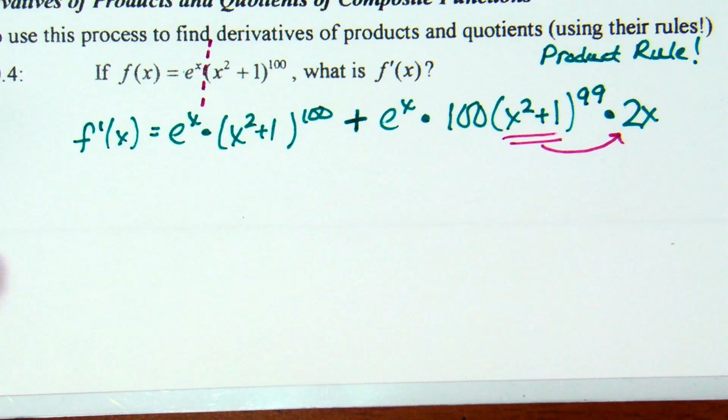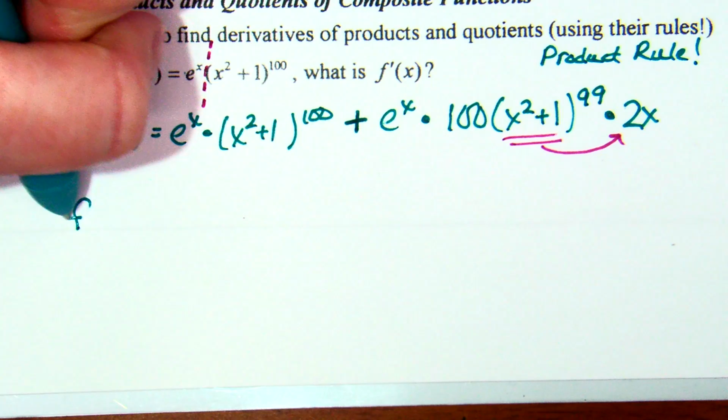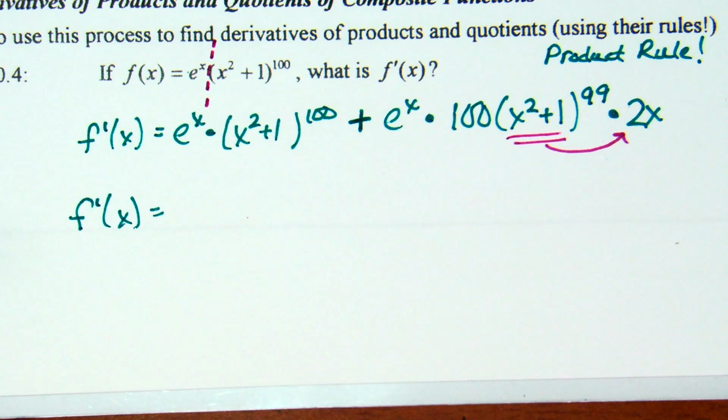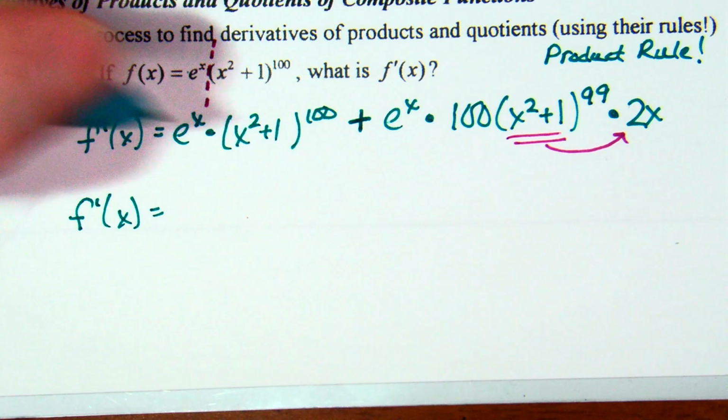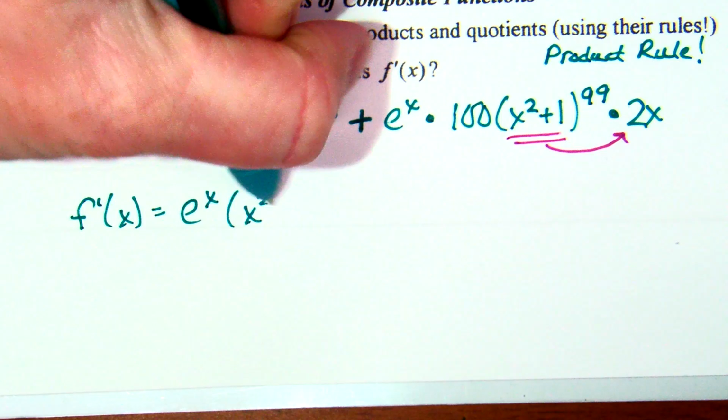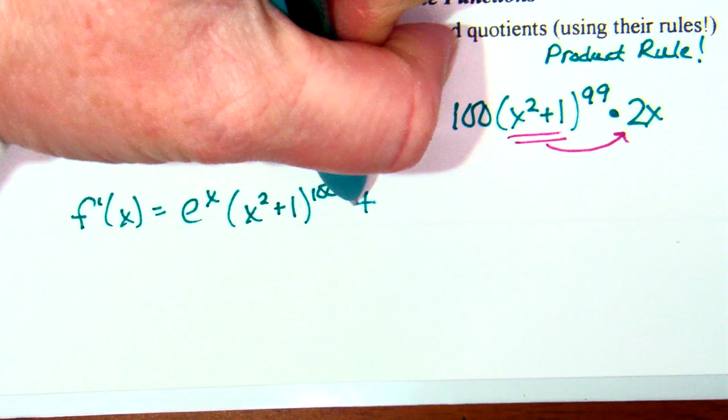In terms of cleanup, I've got two different options for you. One option is to keep the first part and the last part separate, and do some cleanup on the last part. So e to the x times (x squared plus 1) to the 100th pretty much stays as is.